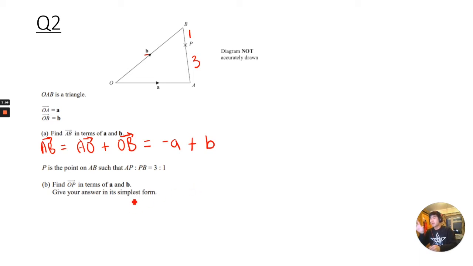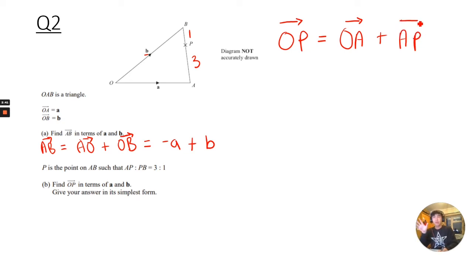And we want to find O to P in terms of the vectors A and B. So I guess the first part here is that we can go from O to P by going from O to A first, and then going from A to P. You can go the other way and go O to B and then B to P, but I'm going to go this way. You should get the same answer regardless.